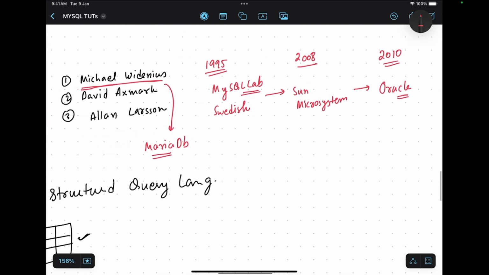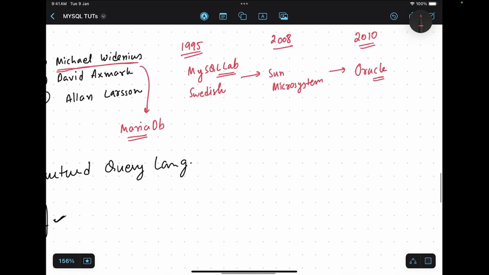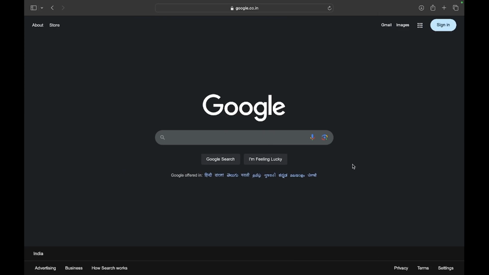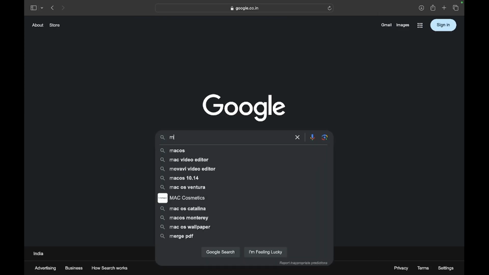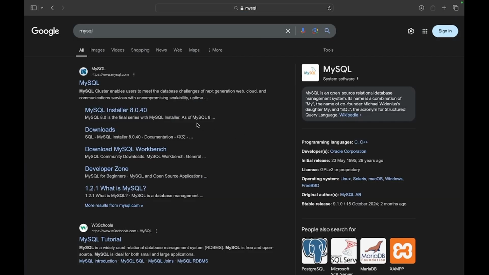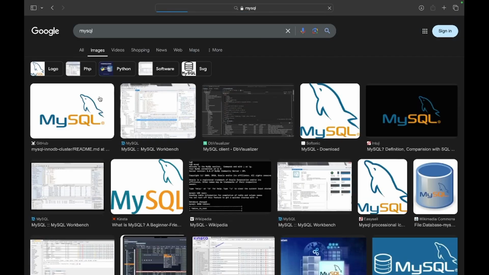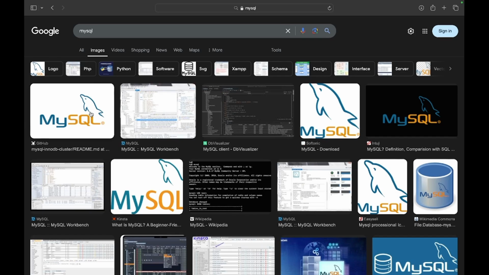Maybe let me show you. If you search for MySQL, let's see some images. See, this is a dolphin. Their mascot is called Sakila, and it signifies speed and intelligence. MySQL is already known for its efficiency and performance.